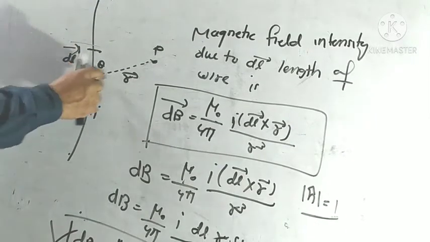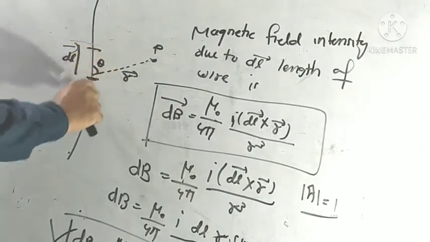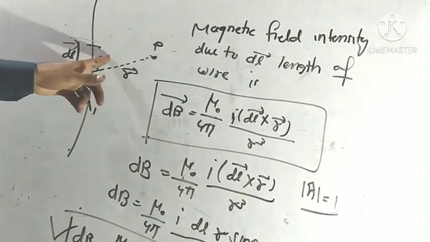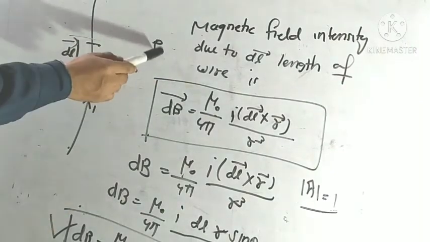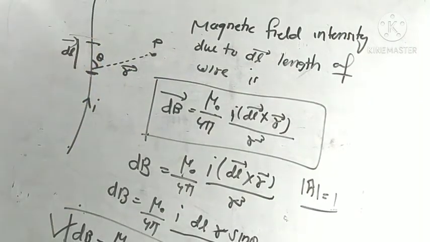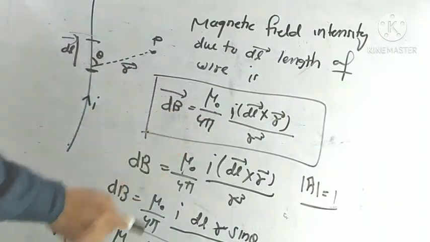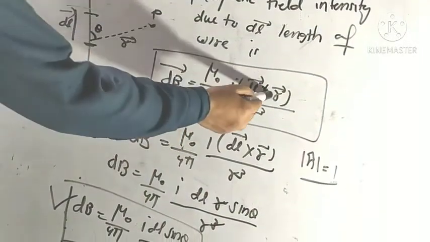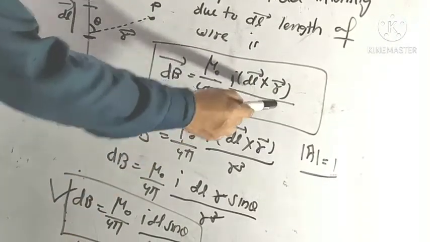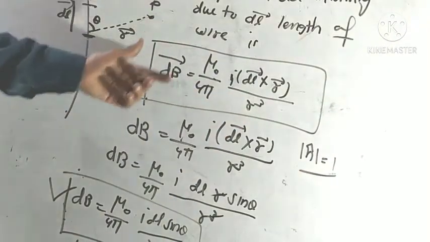The distance of this point P from this small element is r, and it makes an angle theta with this small element. So the magnetic field intensity at point P due to this small element is mu naught upon 4 pi, I dl cross r upon r cube. Now we take its magnitude.